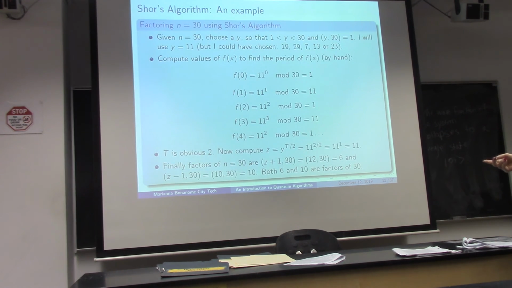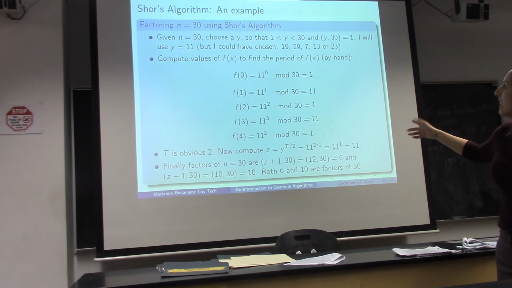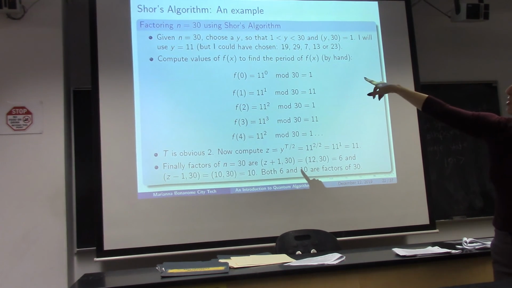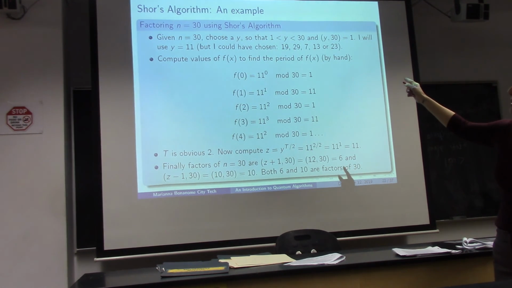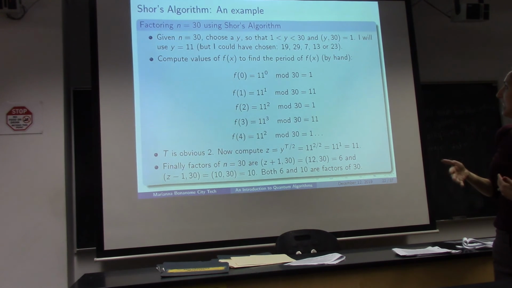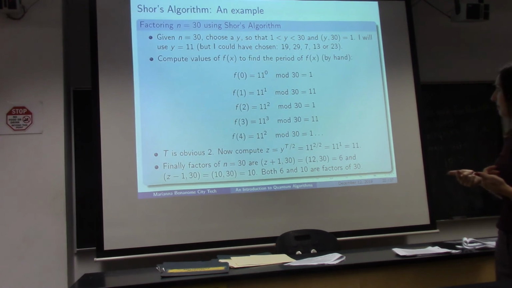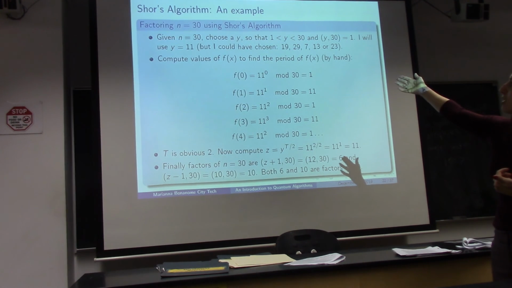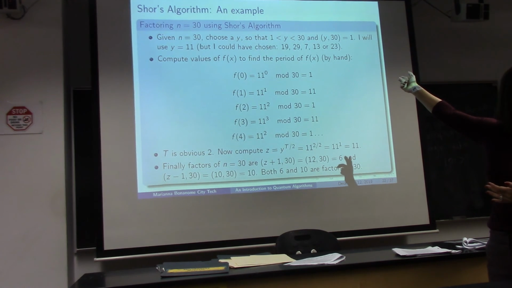So basically what it boils down to is that you've got to randomly, suppose you're trying to factor 30, select a number between 1 and 30 so that the GCD of it and 30 is 1, meaning it's relatively prime to 30. You could choose 11, 19, 29, all of these are relatively prime to 30.